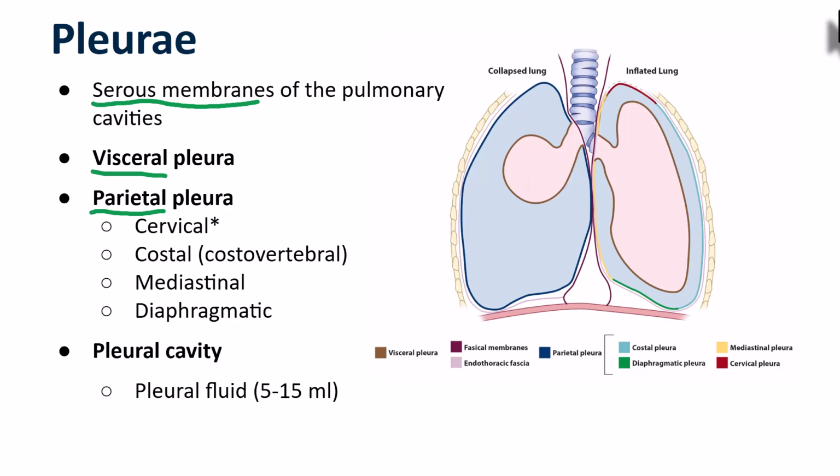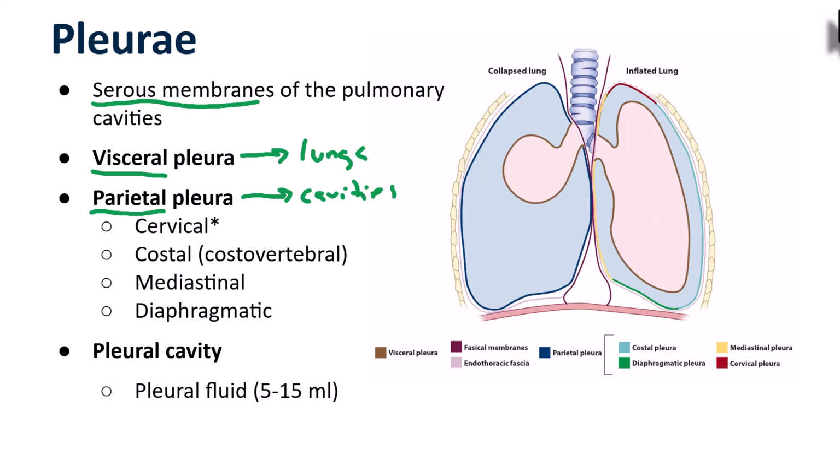The pulmonary cavities are the lateral aspects of the thoracic cavity, which contain the pleurae and within the lungs. And so the pleurae have visceral pleura, which cover lungs, and parietal pleura, which cover the pulmonary cavities.